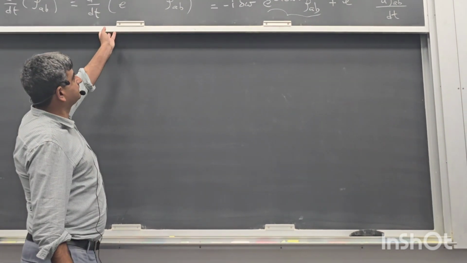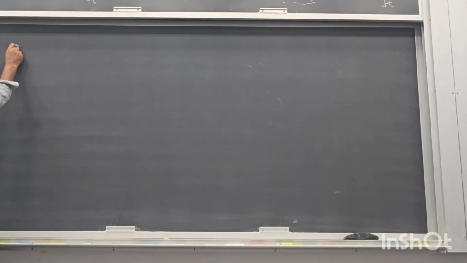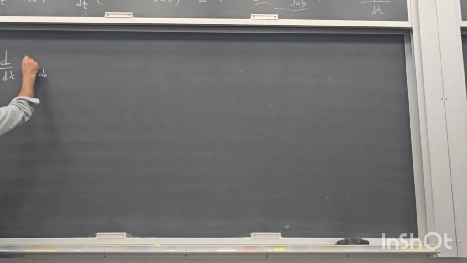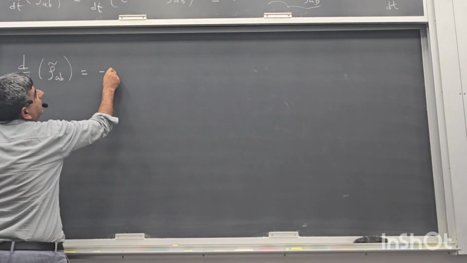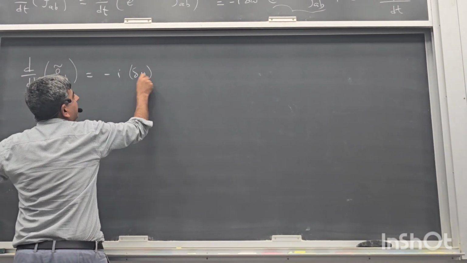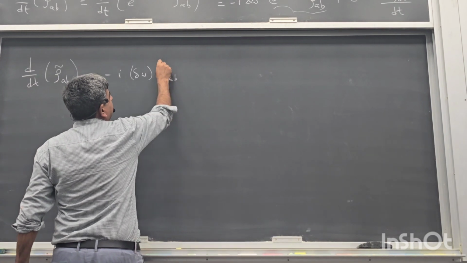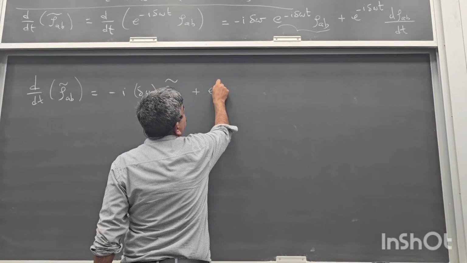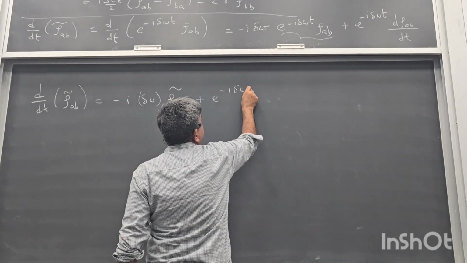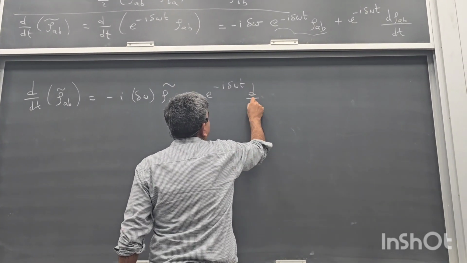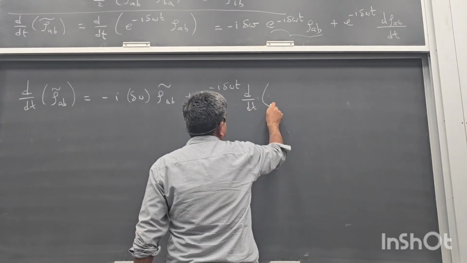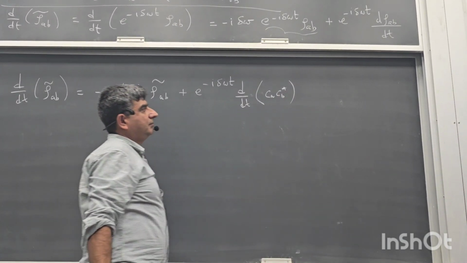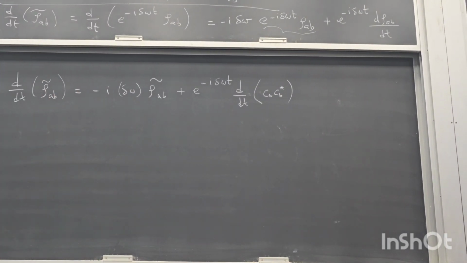So my derivative of the rotating coherence is minus i delta omega rho AB tilde plus e^(-i delta omega t) times the derivative of rho AB, which is CA CB star.